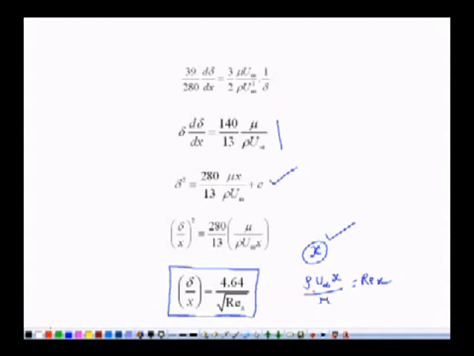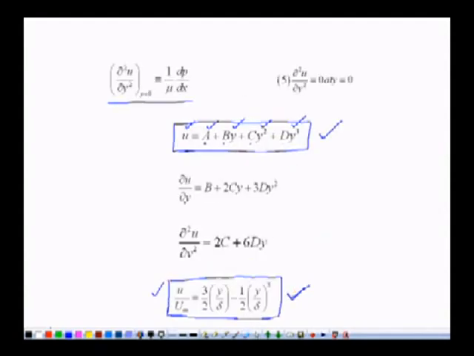So at a given location we know the value of Rex and we can find out delta over x, and with the help of this we can find out delta. Please keep in mind that this is not the general formula for calculating the boundary layer thickness. In any exam, if you have a different velocity profile than the one selected in this problem, when we solved this problem, we had assumed this velocity profile.